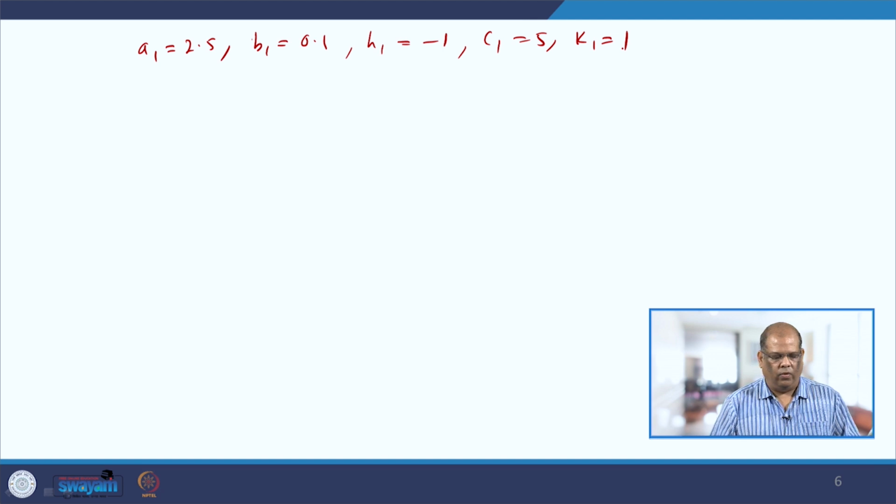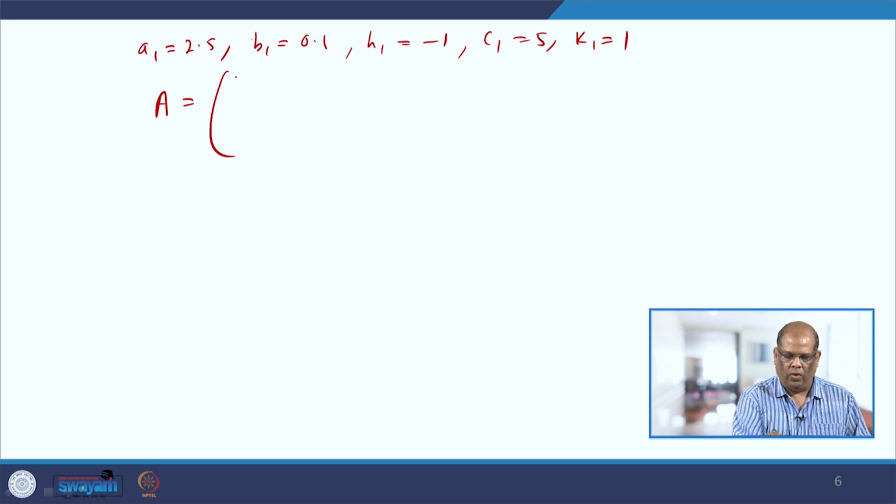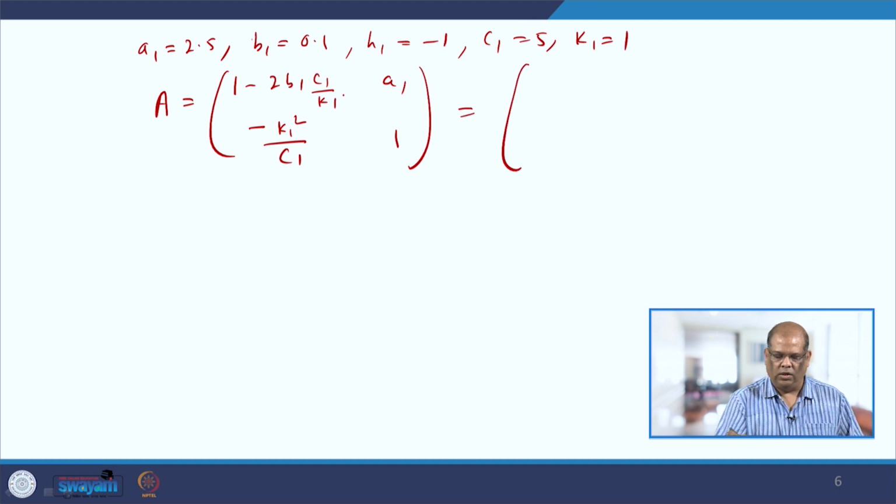And if you put those values in A, which is 1 minus 2 b1 c1 by k1, a1, minus k1 square by c1 and 1, if you plug these values, you will get 0, 2.5, minus 0.2 and 1.